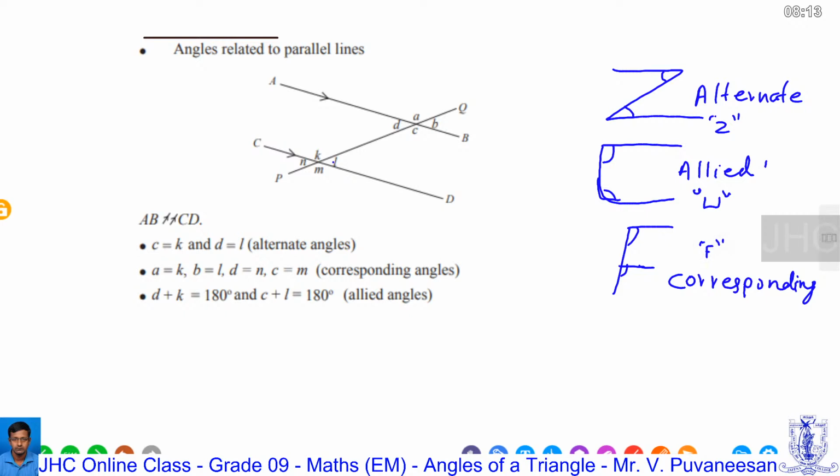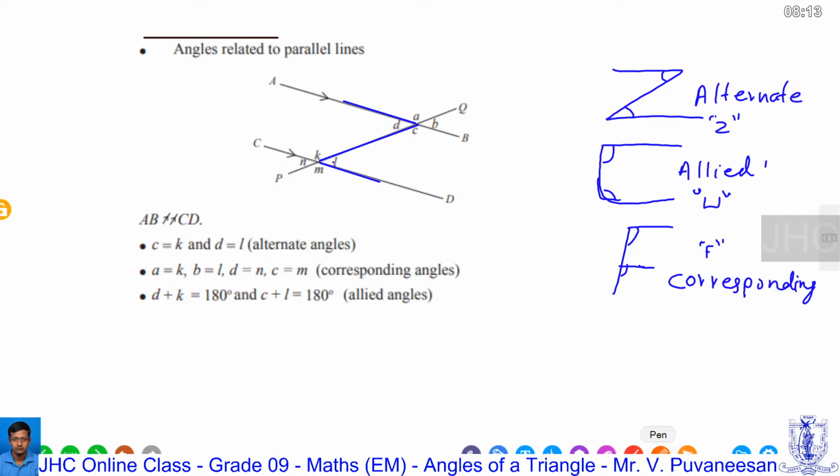Here, which are the alternate angles? Look at this Z shape. We can find the alternate angles D and L. D and L are alternate angles.